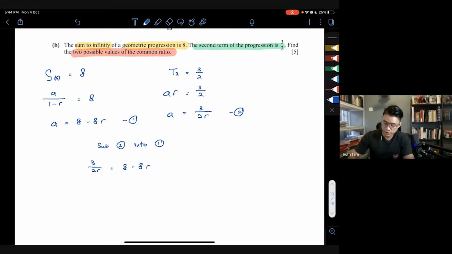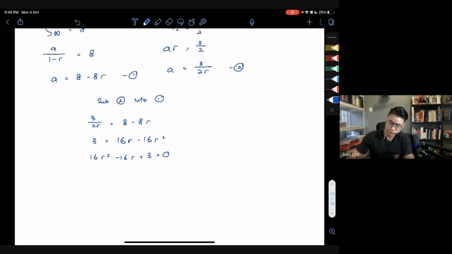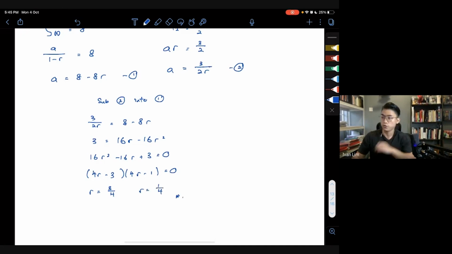Go and simplify this, cross multiply it. 16R minus 16R squared, you'll get 16R squared minus 16R plus 3 equals 0. 4R minus 3, and then 4R minus 1 equals 0. R equals 3 over 4. R equals 1 over 4.